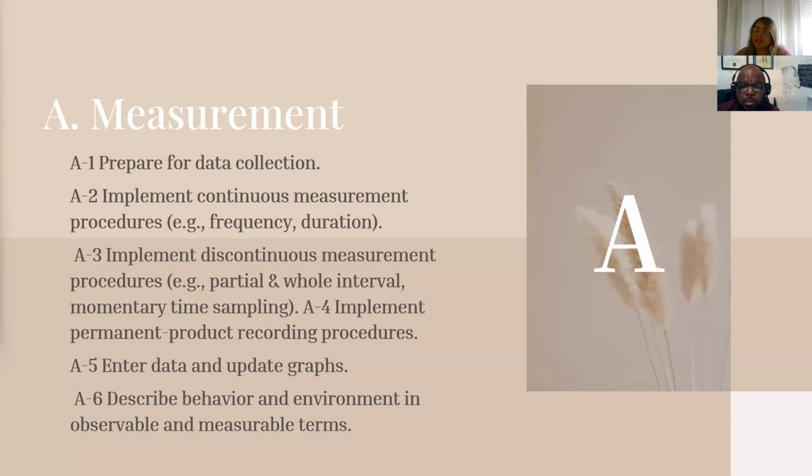The 6 items that you need to know from the A task list are how to prepare for data collection, how to implement continuous measurement procedures, how to implement discontinuous measurement procedures, implement permanent product recording procedures, enter data and update graphs, and describe behavior and environment in observable and measurable terms. So we'll just go through it and then we'll talk it out. And then we can go over some quiz questions.